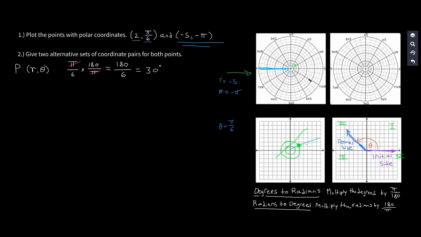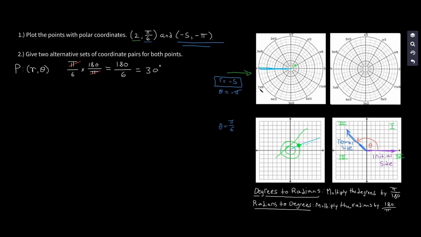But the walk, where we're moving, is r equals -5. And since r equals -5, and this is crucial, because r is negative, you do not walk forward. You do not walk forward.